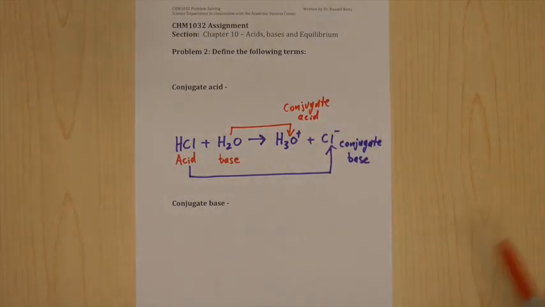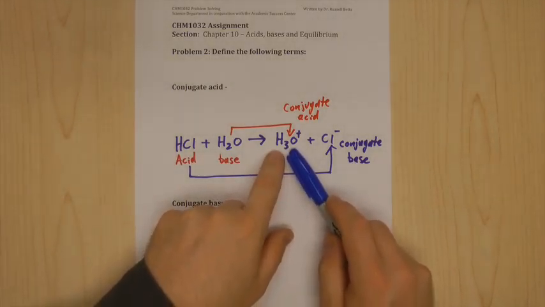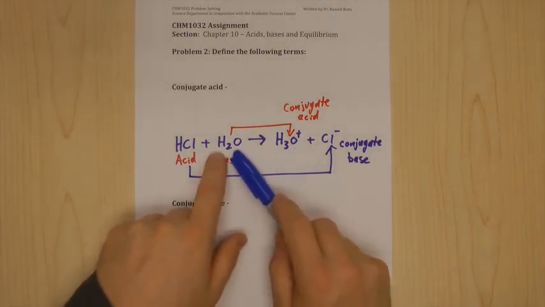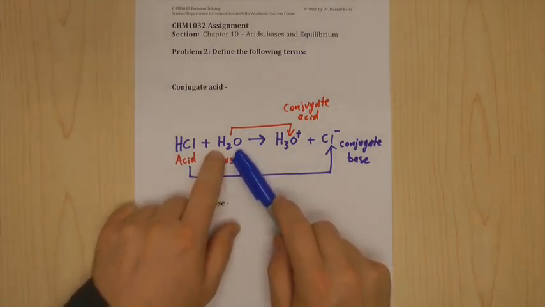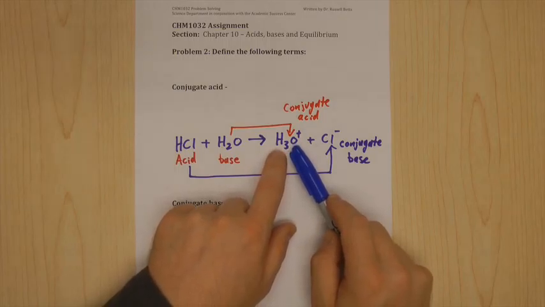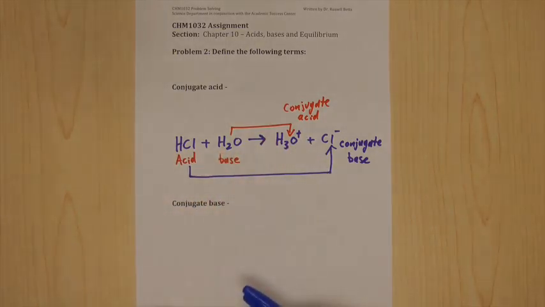A conjugate acid, if you want to define it, you could say a conjugate acid is the acid or the molecule that forms after a base has accepted a proton.